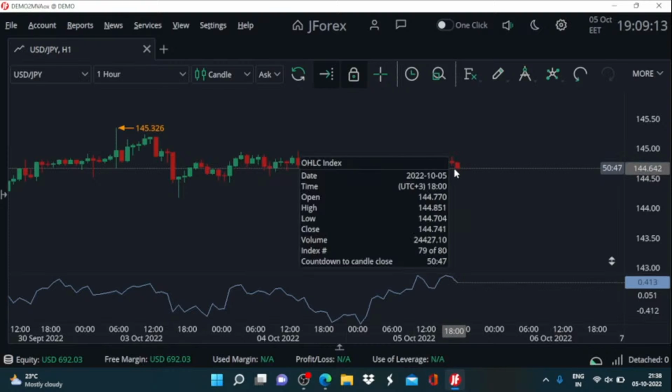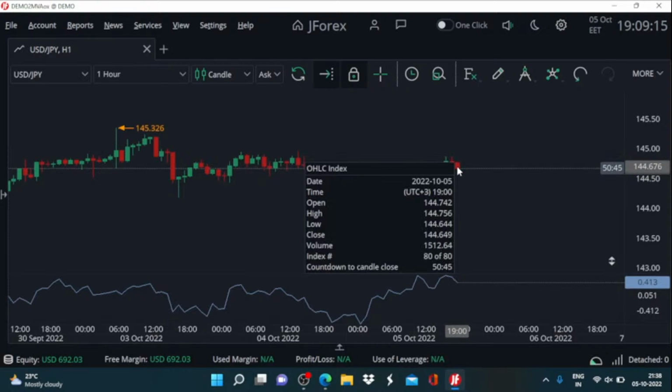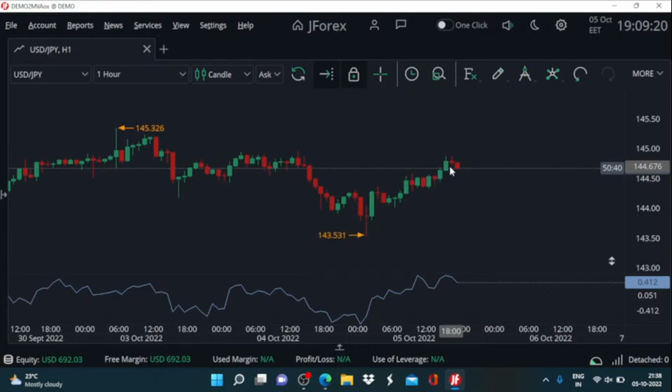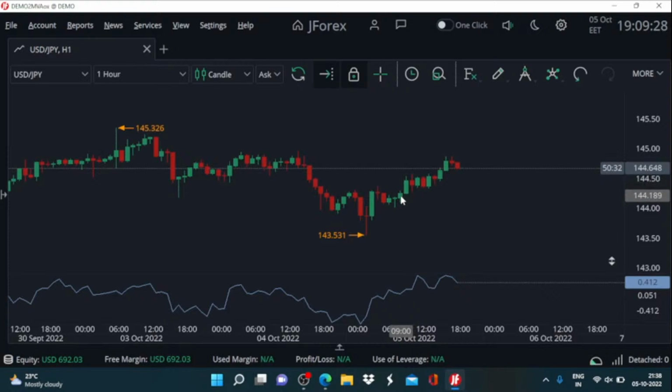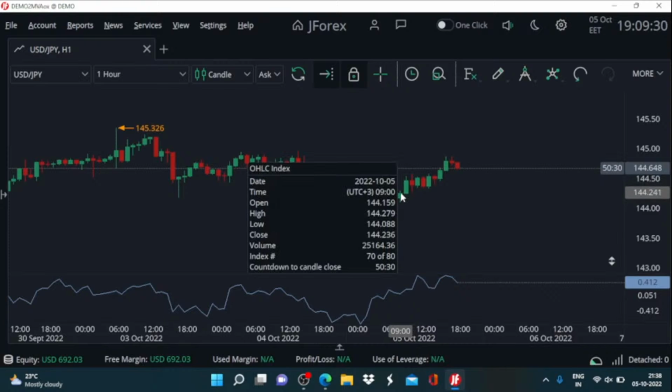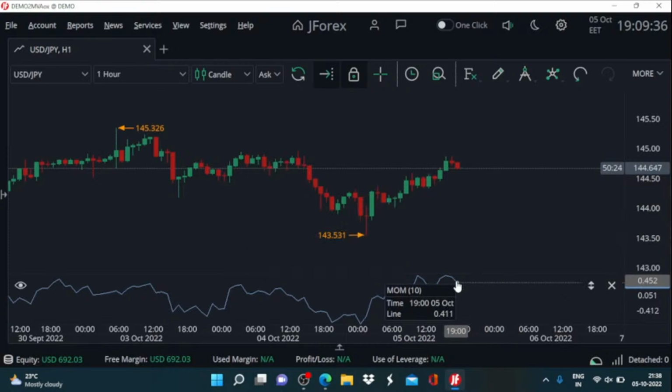Right now the time is 19, so I will have to go back to 9, UTC plus 3, somewhere here, and that amounts to a difference of around 40 pips, and that's what is being reflected in this output value also.